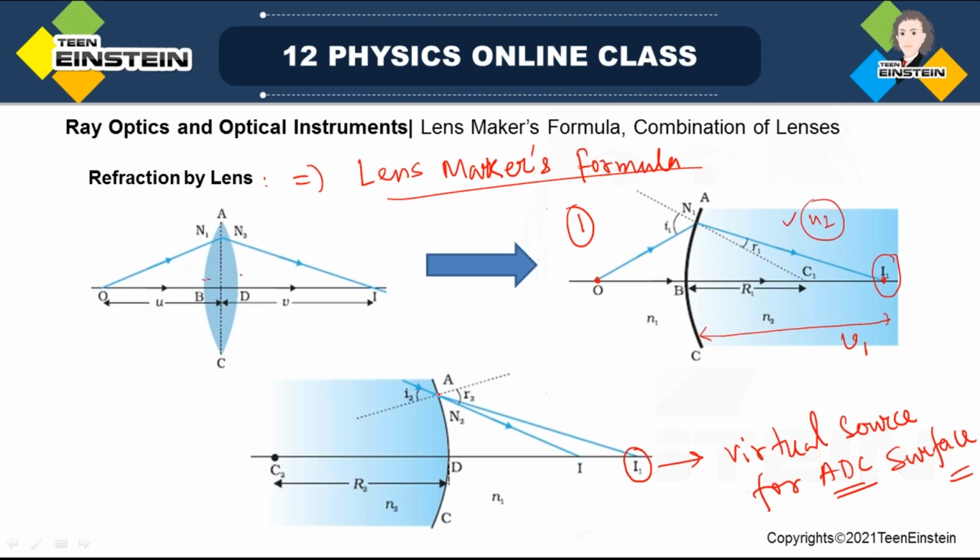Now, upon refraction at this surface ADC, the light will converge and meet the principal axis at this point I, and you will get the final image in medium 1 having refractive index n1. So this will be the final image, and you can see this is the intermediate step.